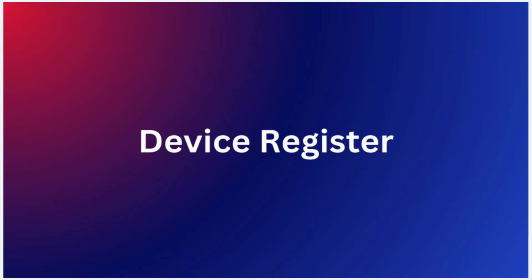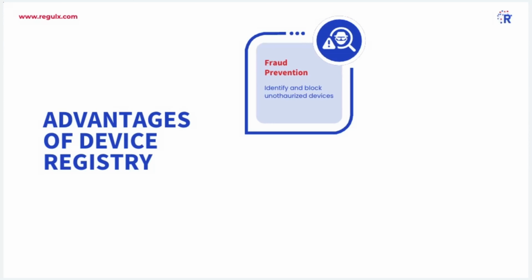Now that we talked about the subscriber identification, the next step is about the device register. What are the advantages of device registry? First of all, fraud. When you know what devices are on your network, it will be very easy to identify and block unauthorized ones.